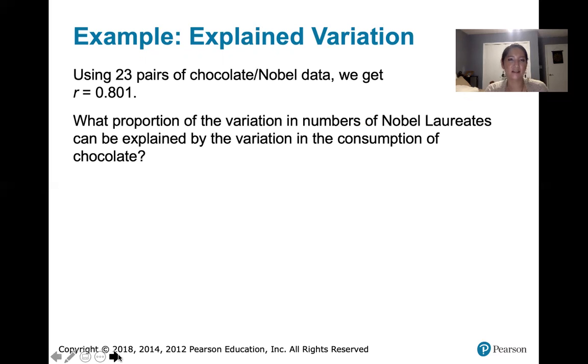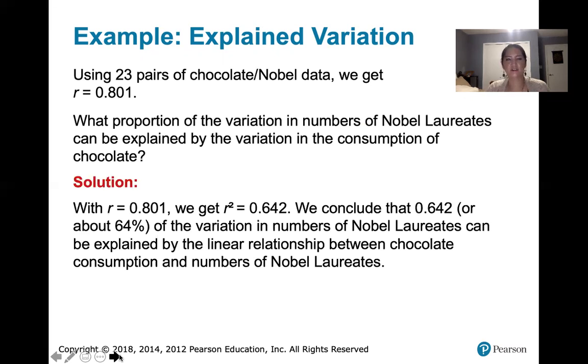If you take that R value of 0.801 and you square it, you get 0.642. And what that means is that 0.642, or 64% approximately, of the variation in the number of Nobel laureates can be explained by the linear relationship between chocolate consumption and the number of Nobel laureates.